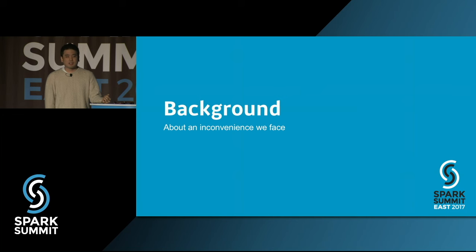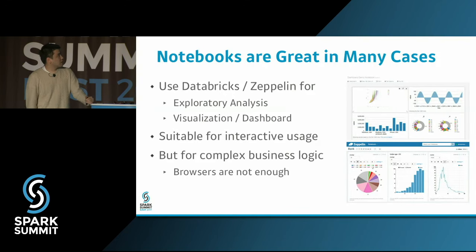It is about an inconvenience that we have while building complex Spark applications. Let me start with notebooks. Notebooks are great in many cases. We saw Databricks and Zeppelin and many other notebook kernels in this conference as well.